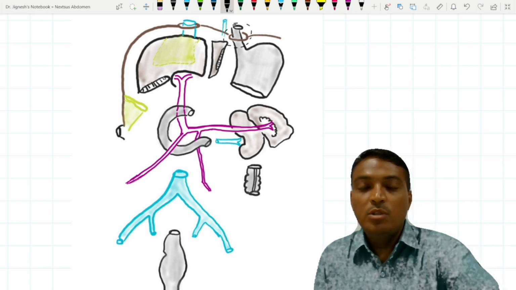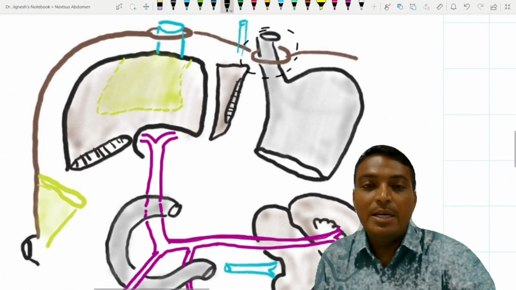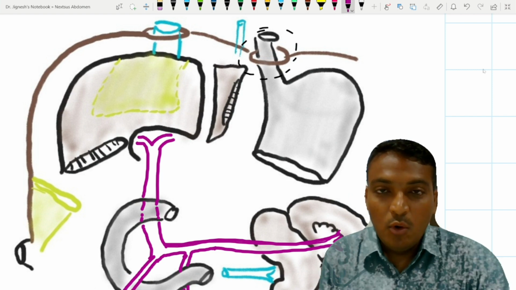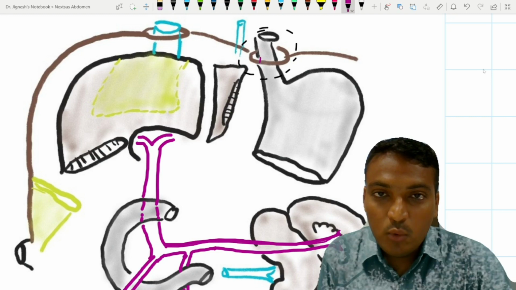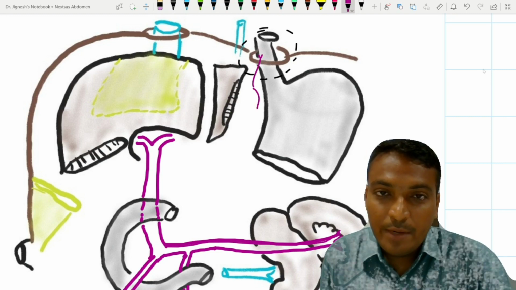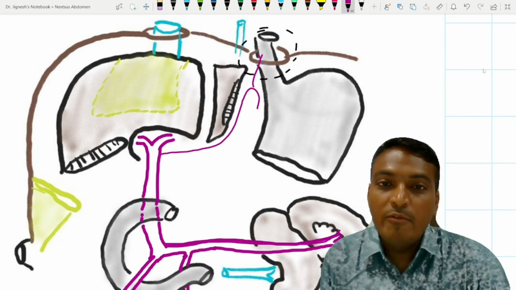Let's see how this occurs. At the lower end of the esophagus, some tributaries drain into the left gastric vein, which ultimately drains into the trunk of the portal vein.